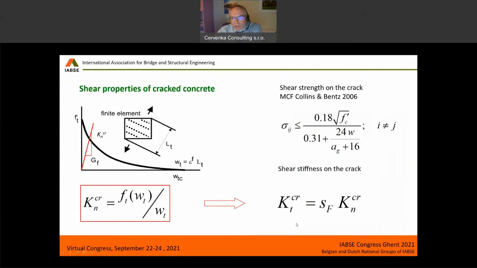So the shear stiffness of the crack is assumed dependent on the stiffness in the normal direction multiplied by this factor SF, which is then calibrated based on experimental results to be 20. And for the shear strength, we are using the formula from the modified compression field theory of Collins and Vecchio.